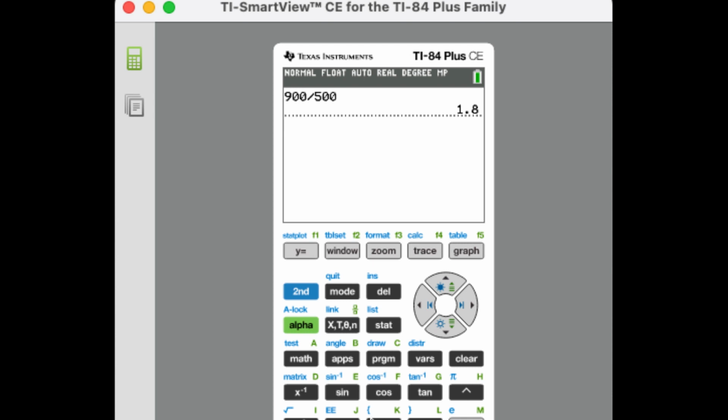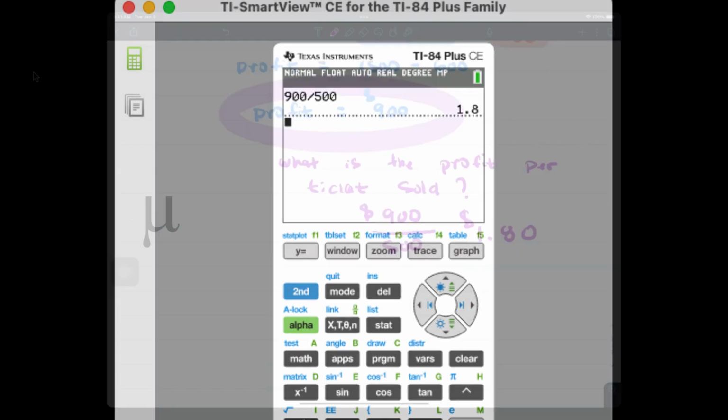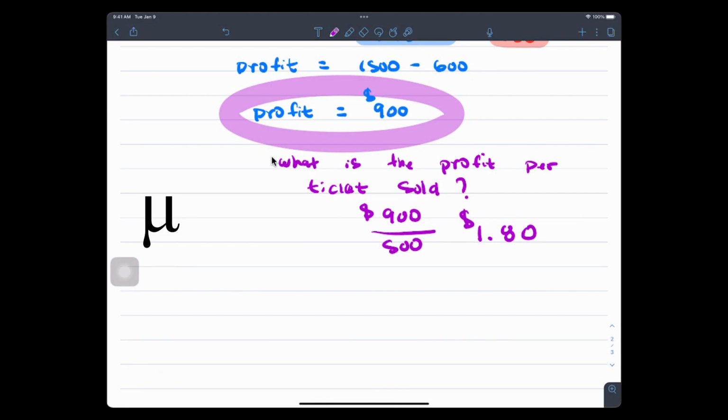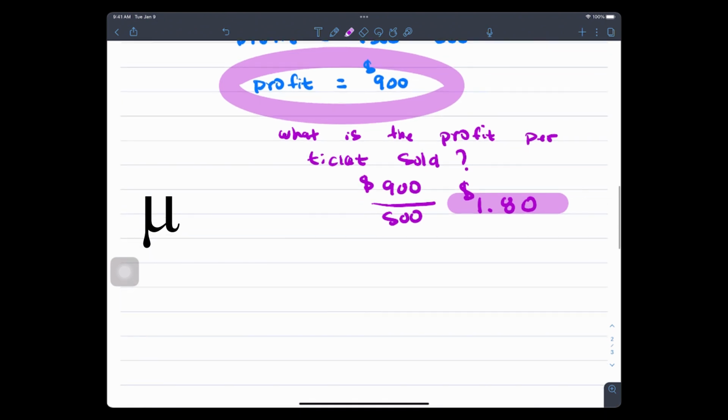This is dollars, ladies and gentlemen. $900 divided by 500 is going to give you $1.80. This, ladies and gentlemen, is the whole point. Okay, we're looking at what's called the profit per ticket sold. That is the expected value for our raffle.